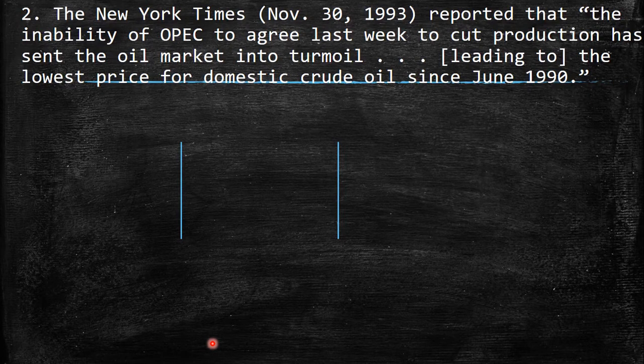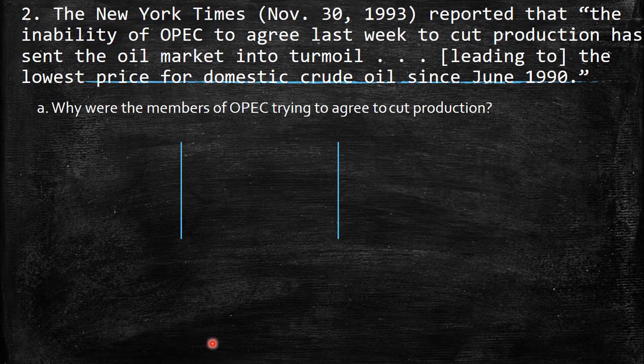So it will lead to the lowest price for domestic crude oil since June 1990. So this is really important to take into account, and there is a scheme that I'm going to present to you. The first question says, why were the members of OPEC trying to agree to cut production?